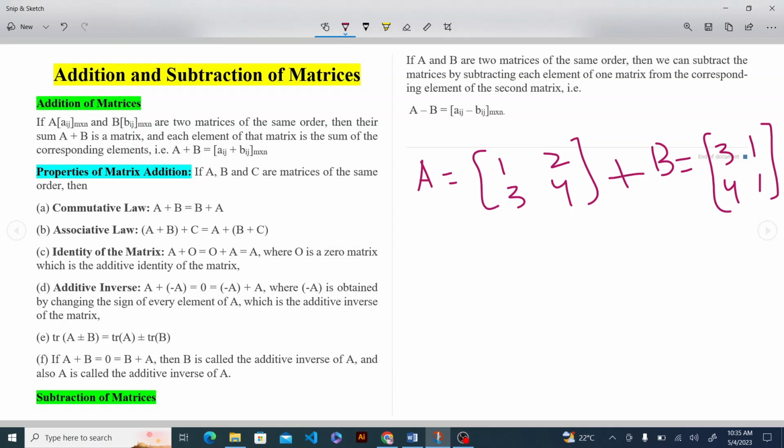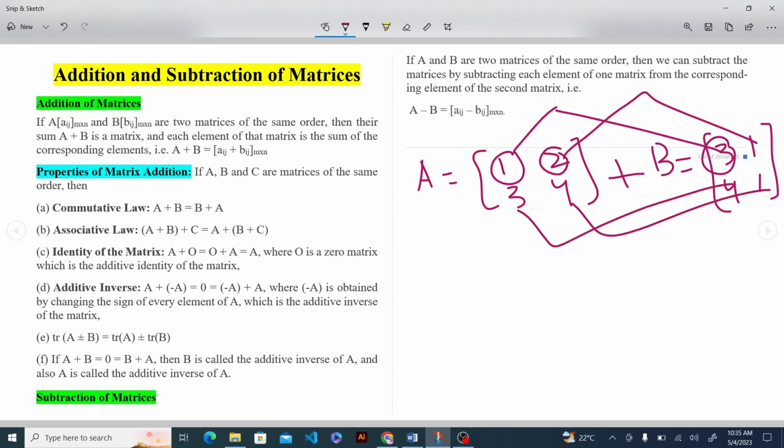When we add these matrices, we add up the corresponding elements of the two matrices, meaning the element at first row and first column of A will be added to the first row and first column element of B. Same for the other elements. 1 will be added to 3, 2 will be added to 1, 3 will be added to 4, and 4 will be added to 1.